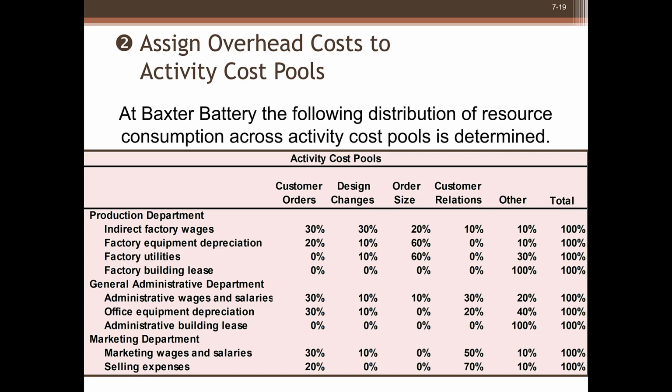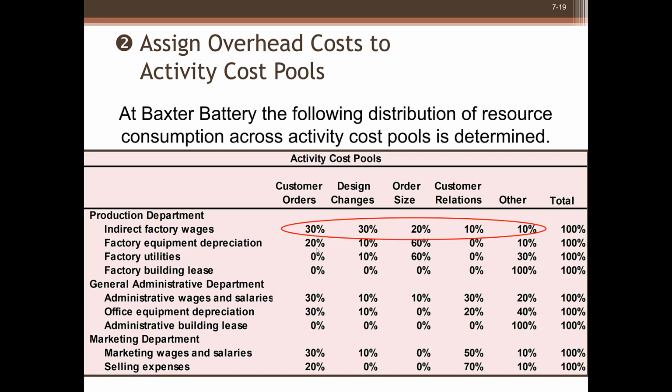For example, according to the interview, indirect factory employees indicate 30% of their time should be allocated to customer orders, 30% to design changes, 20% to order size, 10% to customer relations, and 10% to other. For factory building lease, 100% should be allocated to other activity cost pool.